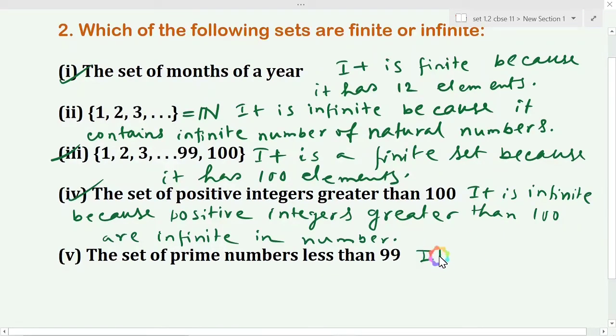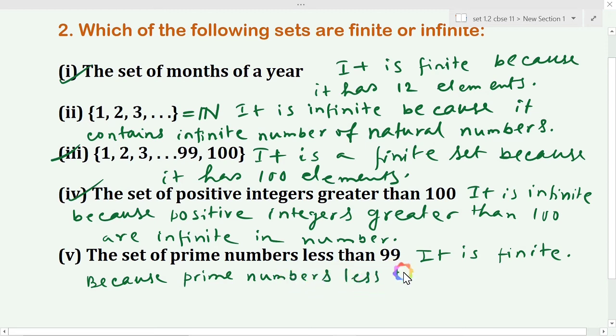It is finite because prime numbers less than 99 are finite in number. Okay.